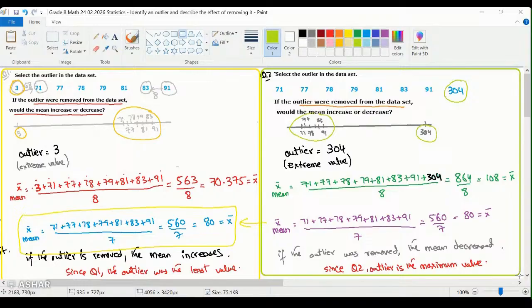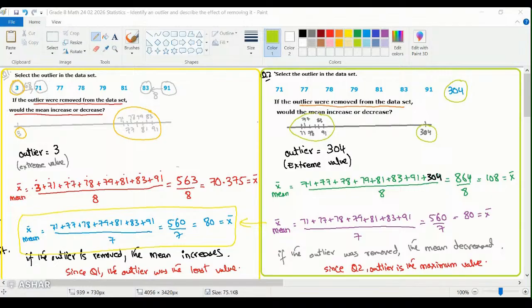I'll do more examples. Okay, let's move ahead to the next question. For the next question, it says, for the given set of values, they're still asking us if the mean will increase or if the mean will decrease. Okay, we did question number 1 and question number 2.